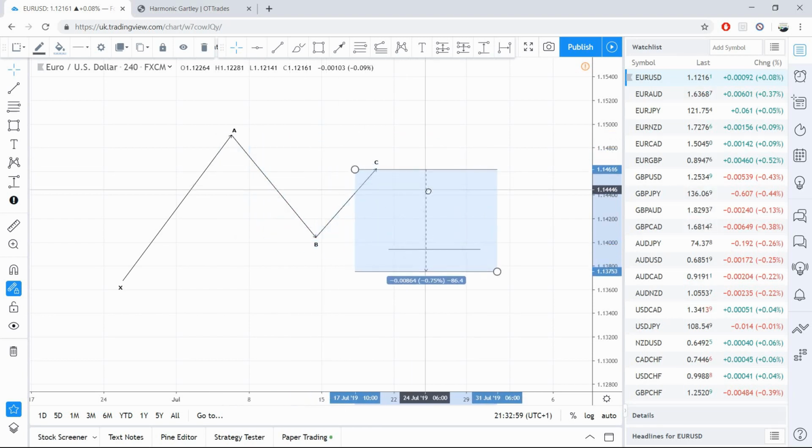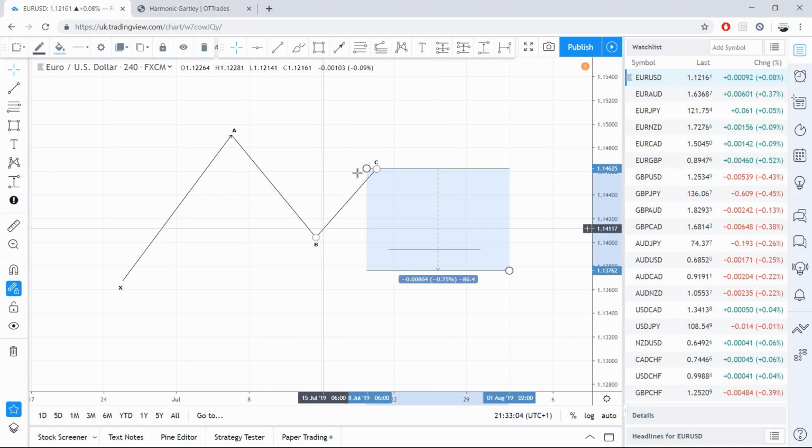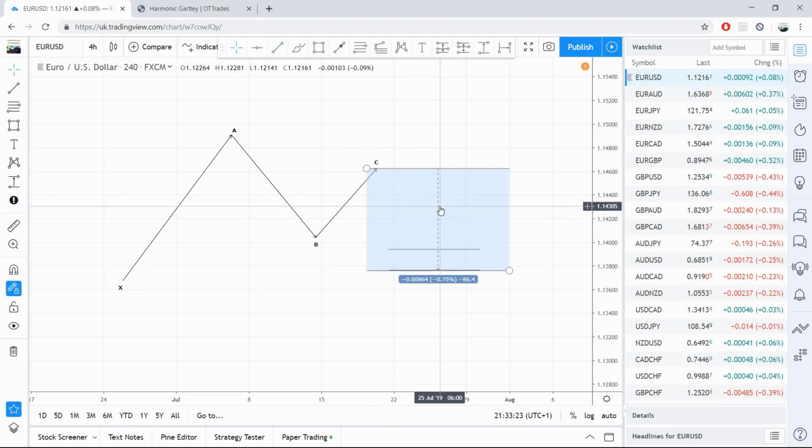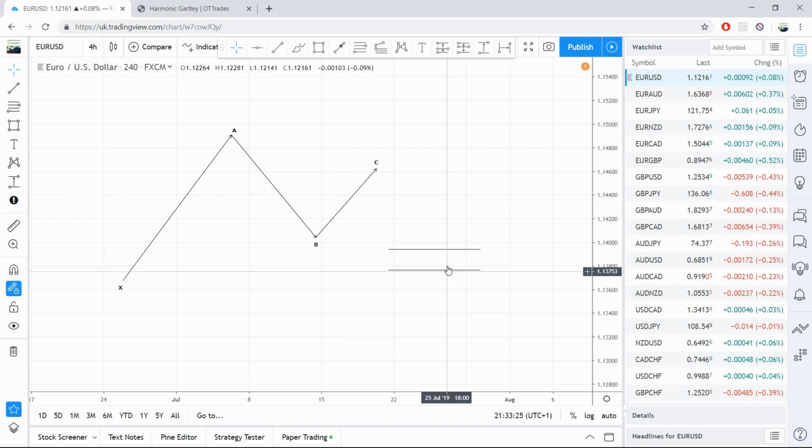So A to B equals C to D. We're looking for an equal movement from A to B as we are from C to D. From C, starting 0, 86.4 pips down, is this level here, slightly lower, there. So this forms our second point of the PRZ, or potential reversal zone. An equal move from A to B as it is from C to D.